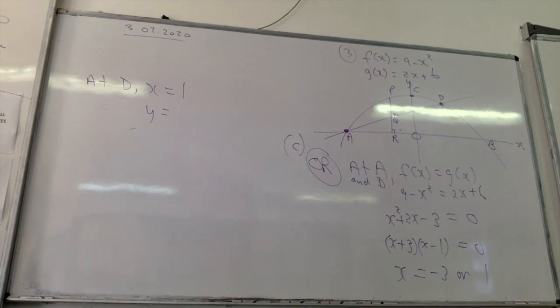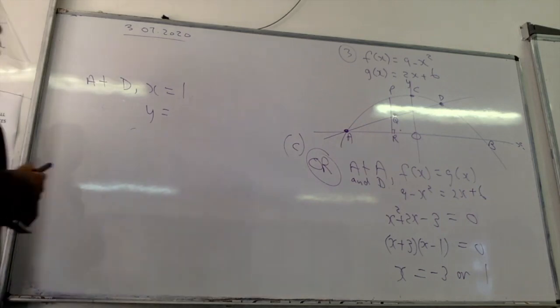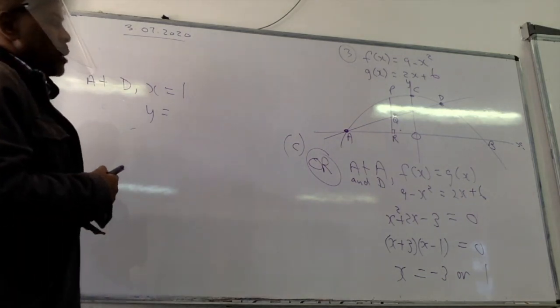Can we substitute in F? Why not? Yes, we can substitute in F because D is on both of them, right? So we can substitute in either, and obviously, why substitute in F when you can substitute in G?